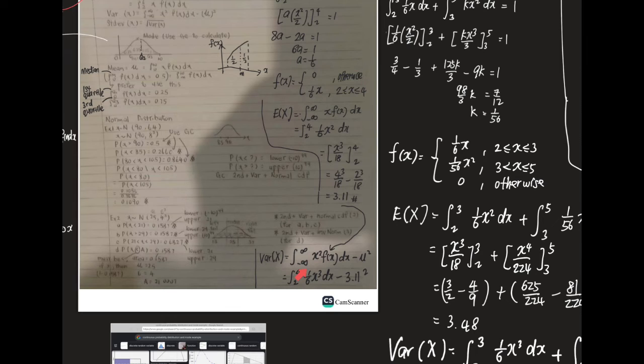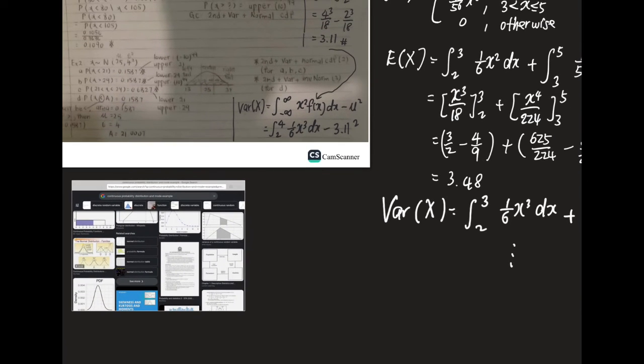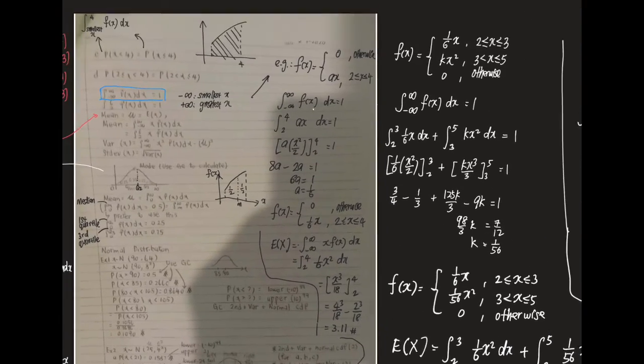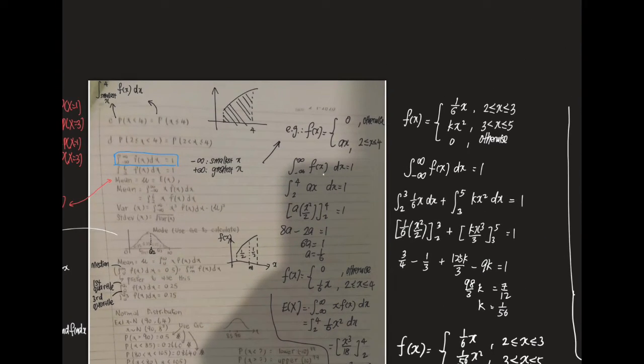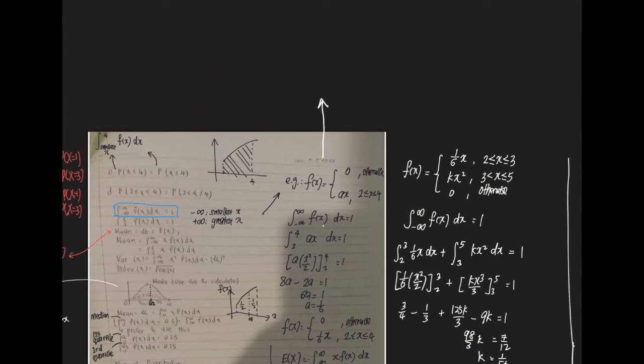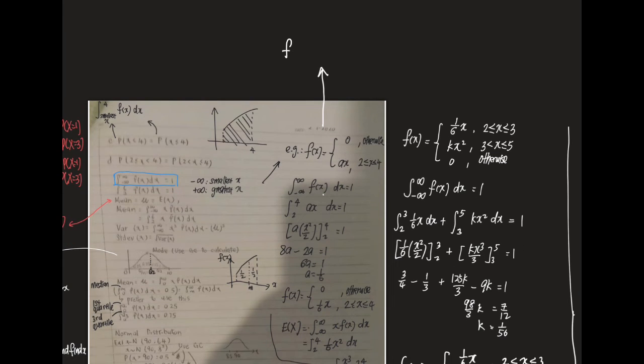Okay, so lack of space. Okay, I put it up there. So this question, I copy the function again. f(x) equal to 1/6 x for 2 to 4, 0 otherwise.